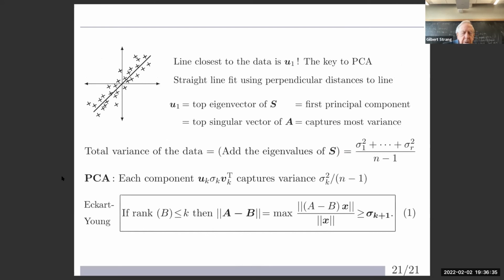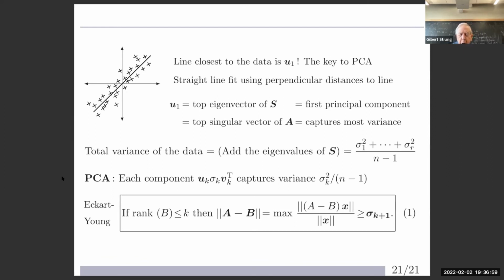If you have data that's close to a line, that line is in the direction of the first singular vector, the first principal component. So here with linear algebra, we started with column space and row space.